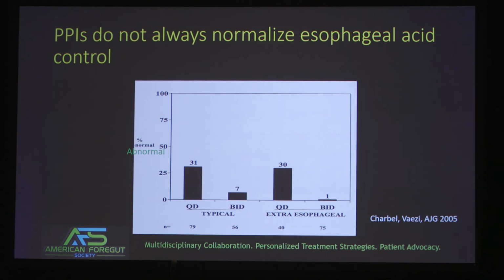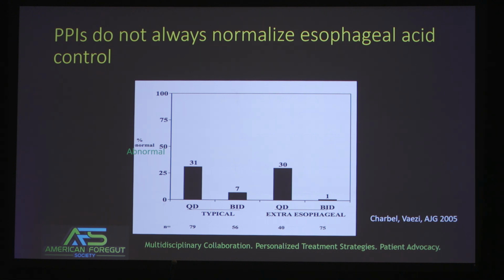Remember that PPIs do not always normalize esophageal acid control, and in some ways it's dose-related. These are past data from the Cleveland Clinic group. I believe, Joel, you were still around then, with Charbel and Michael Vasey, a retrospective study looking at once-daily PPI and twice-daily PPI, and the percentage on the y-axis of abnormal pH studies.